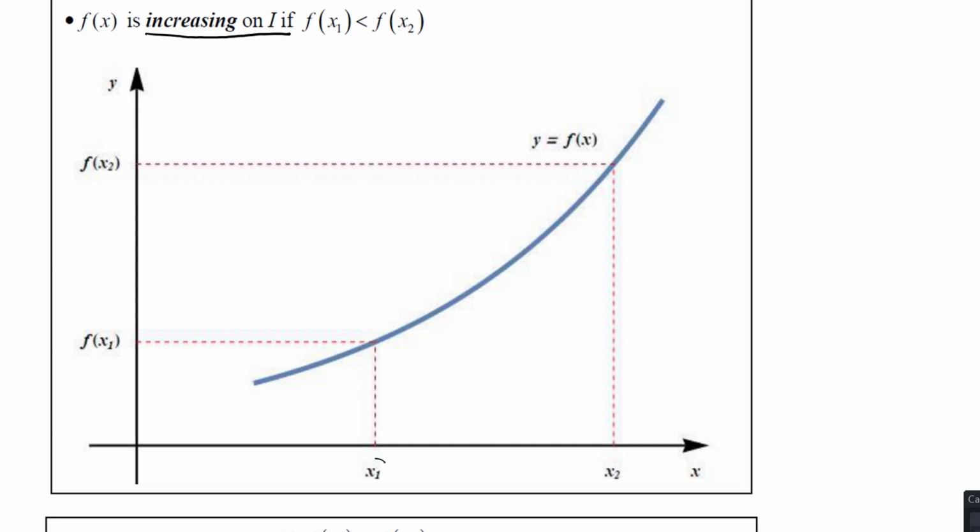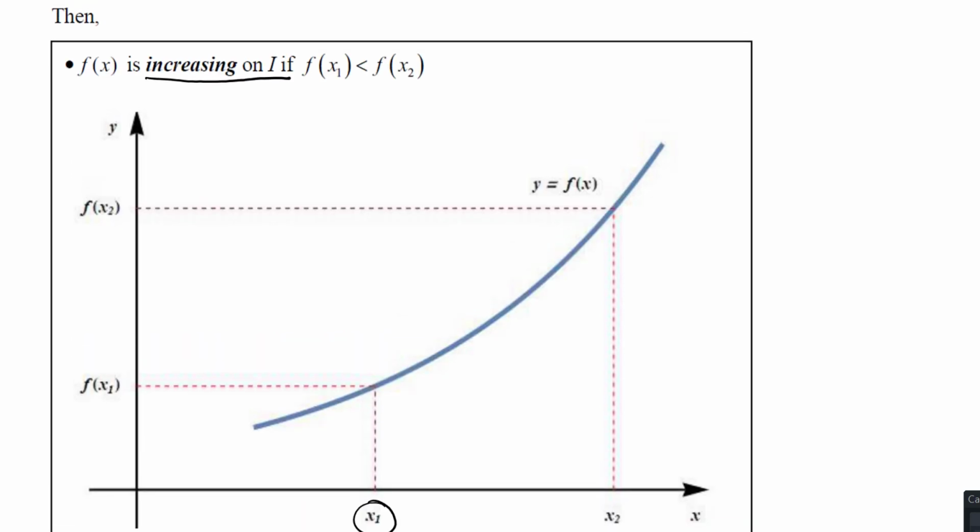We have x1 and x2, and obviously x1 is smaller than x2, to the left of x2. At x1 the function has some value, there's the corresponding ordered pair, and at x2 the value of the function is up there. The value f of x2 is bigger than the value f of x1.